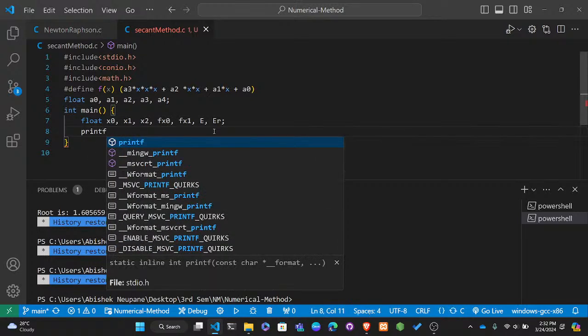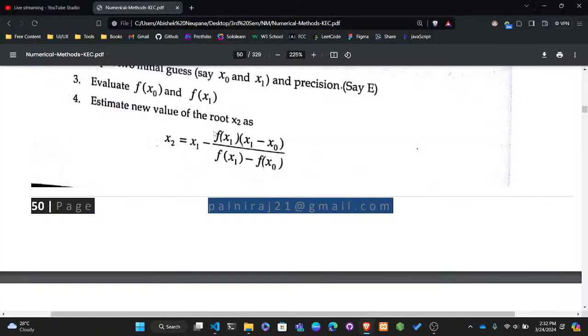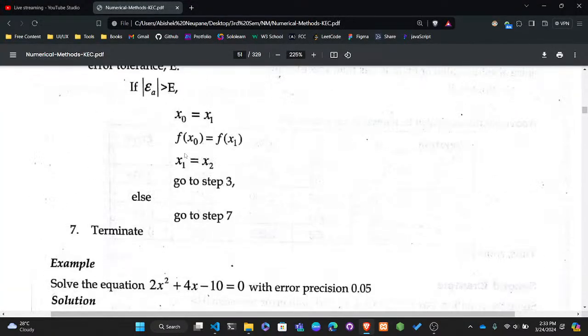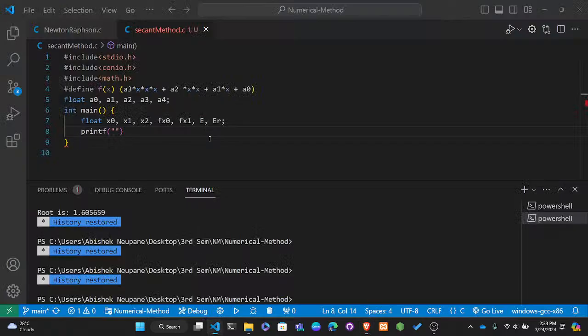Now let's ask for the coefficients. Let's ask the user for this function, so that the user will input. In our case, the user will input 0, 2, 4, and -10. Since in our function there are 4 coefficients, our function starts with a3 x cube plus a2 x square plus a1 x plus a0.